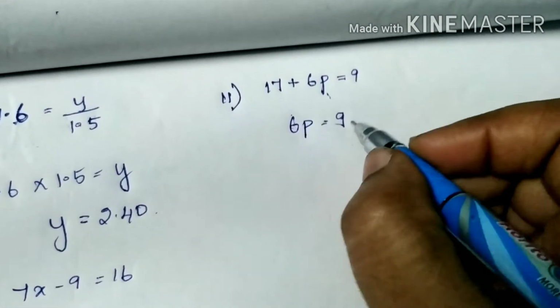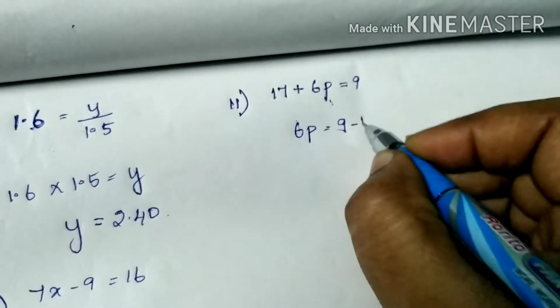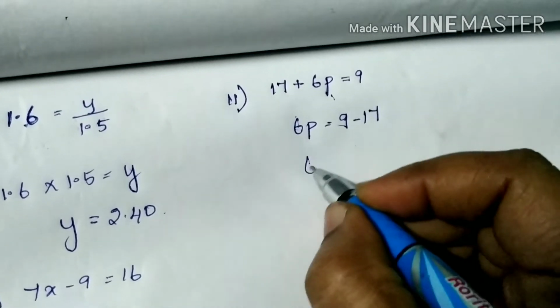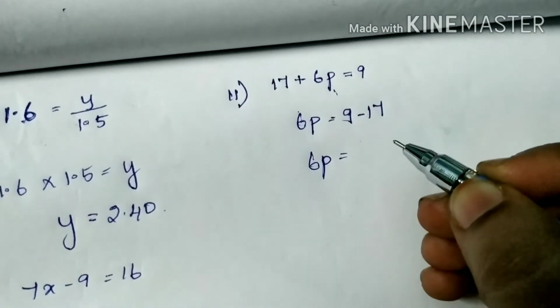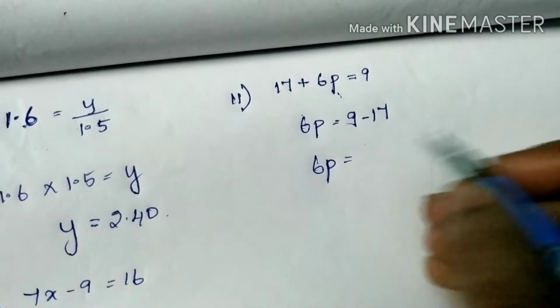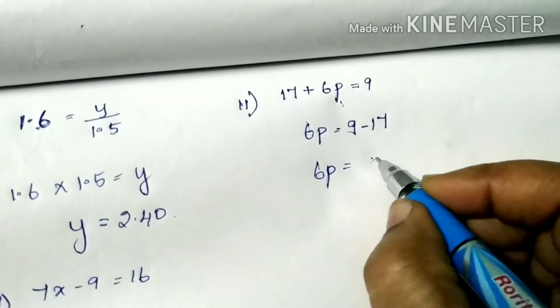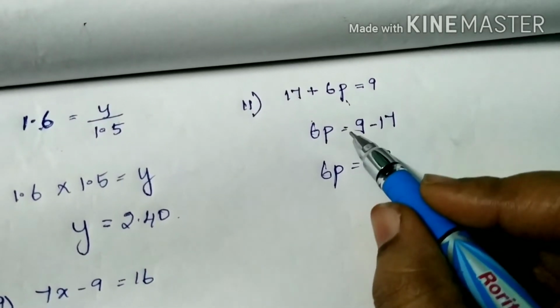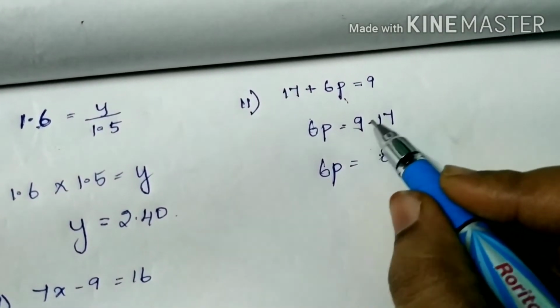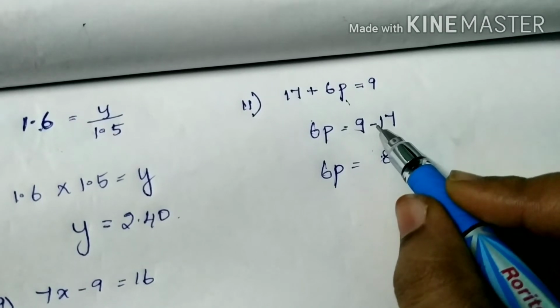Positive 17 will go that side, means it will change into minus 17. So 6p is equal to, what will it be? Answer is 8.